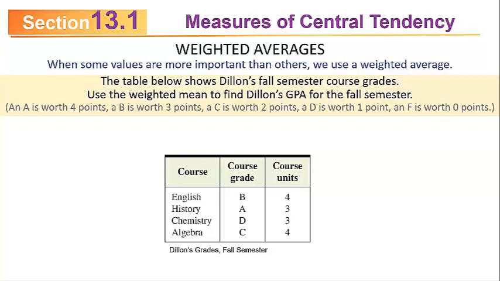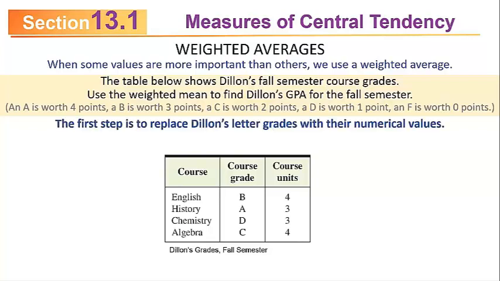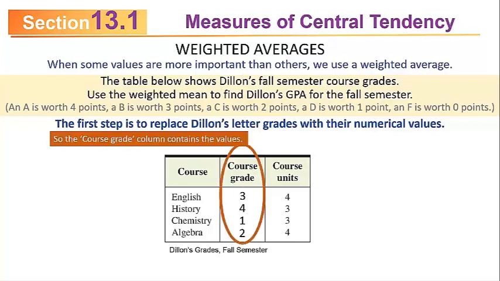The first thing you'll want to do is get rid of those letter grades and put in their numerical equivalents. So a B is worth 3 points, an A is worth 4 points, a D is worth 1 point, and a C is worth 2 points. Once you've done that, you look at that table.